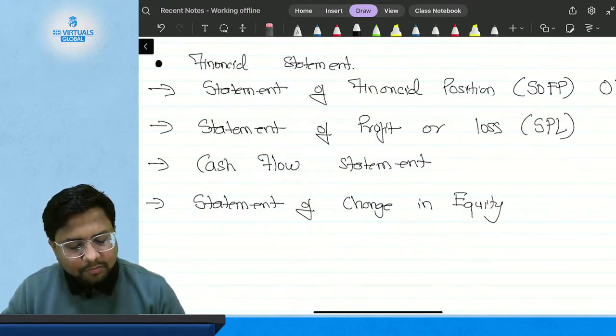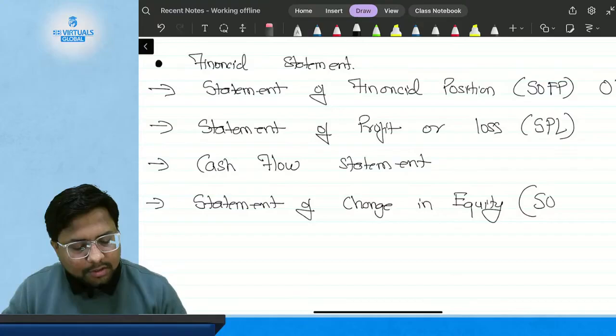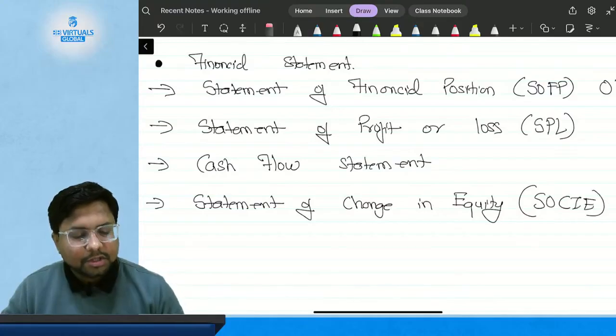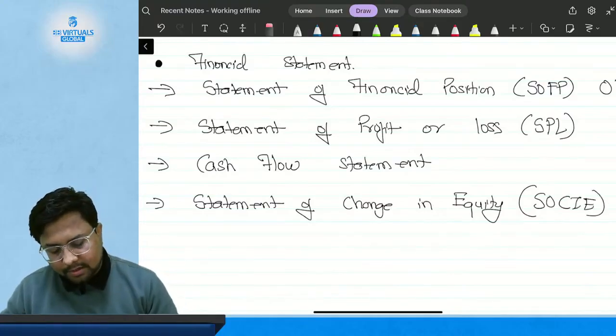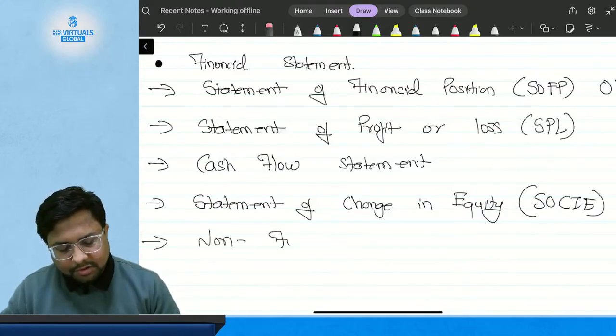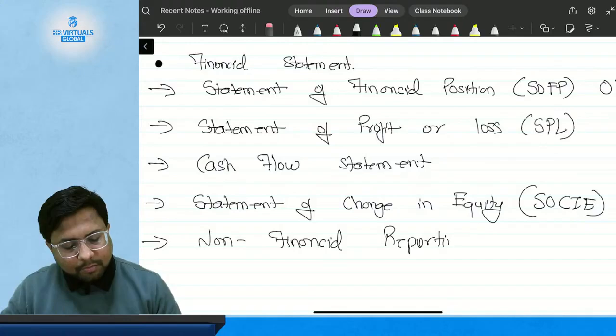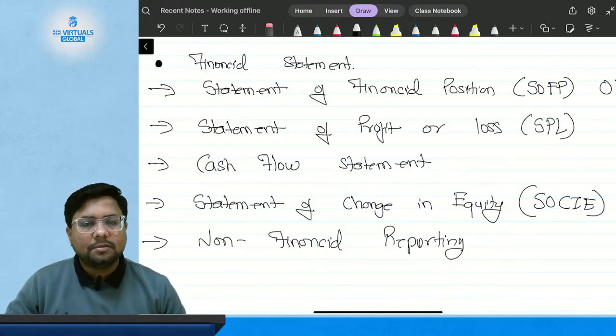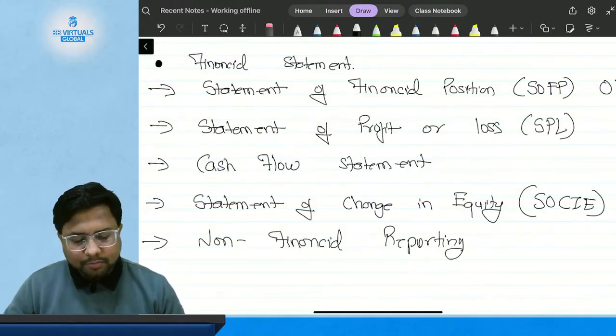I call it SOCE, statement of change in equity. Then last but not the least, non-financial reporting. This is concerned with the reportings which are not financial in nature, that are non-financial reportings.